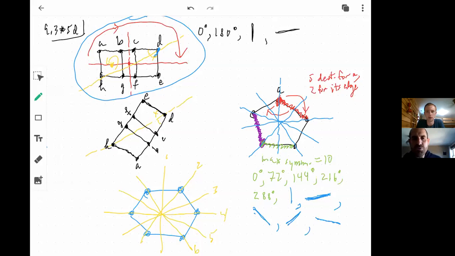Yes, you will have the same sets of symmetries, but the permutation induced is going to be different, right? So yes, the symmetries are exactly the same. They have to be.